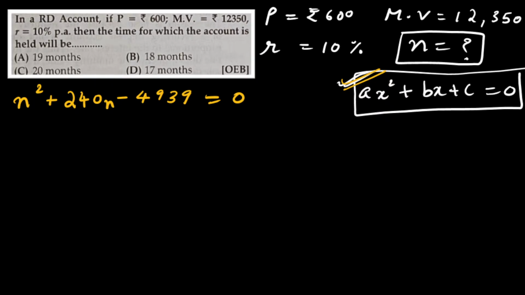Just tell the factors. How can we split this? By splitting the middle term we have to do. Tell me the factors, those who have completed this one, because this method I am not going to explain, we have already done it. I am just assuming you people know how to solve a quadratic equation.